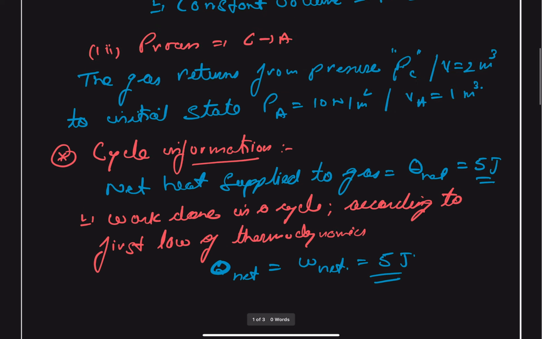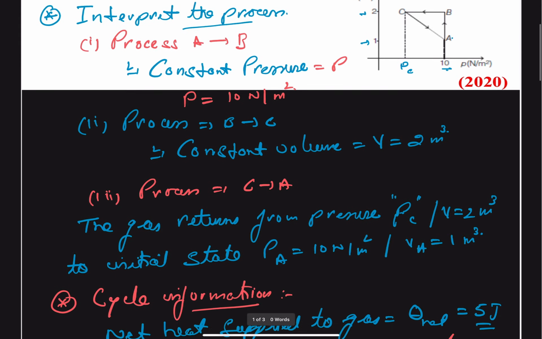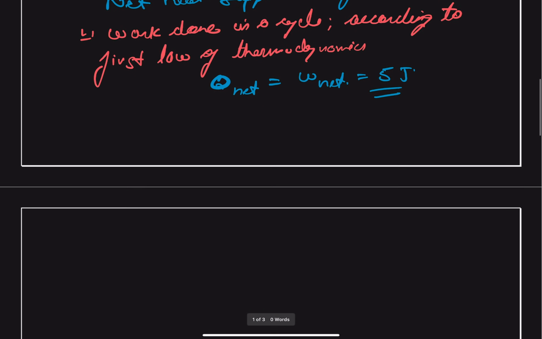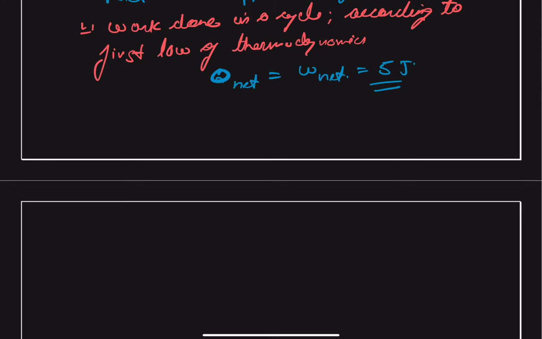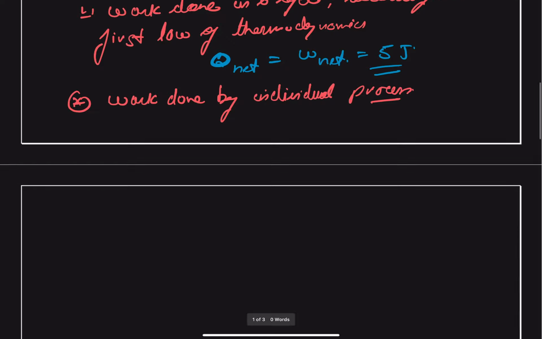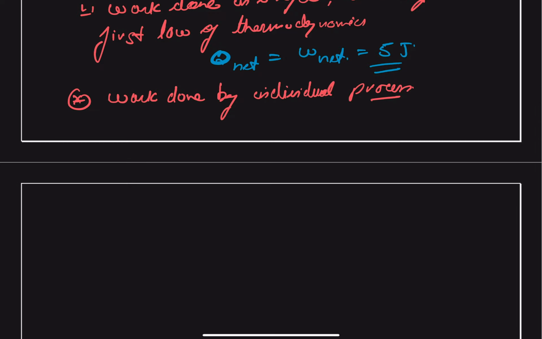The first process is from A to B, the second is B to C, and the third is C to A. First is the work done by A to B, which is at constant pressure.